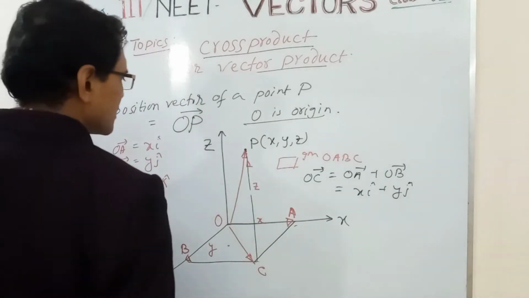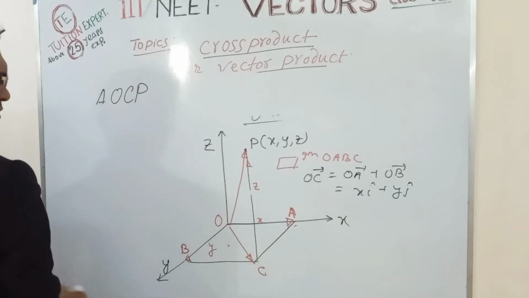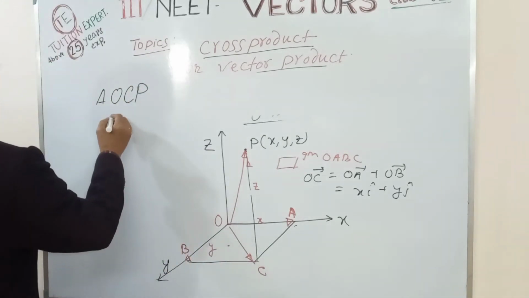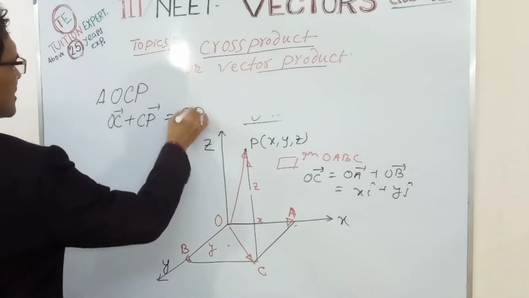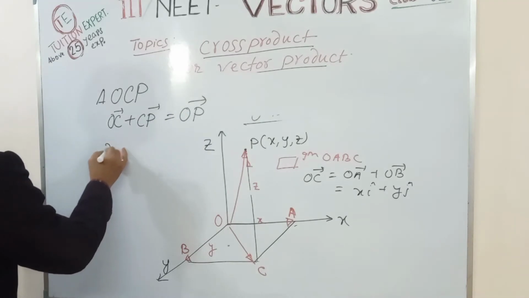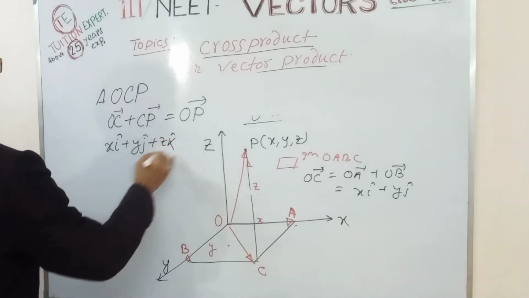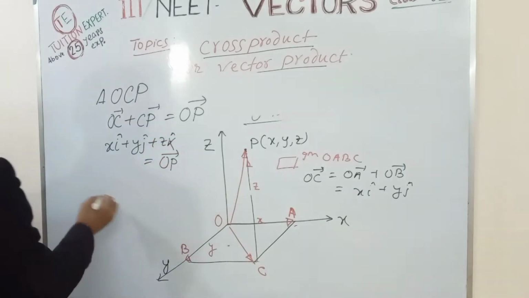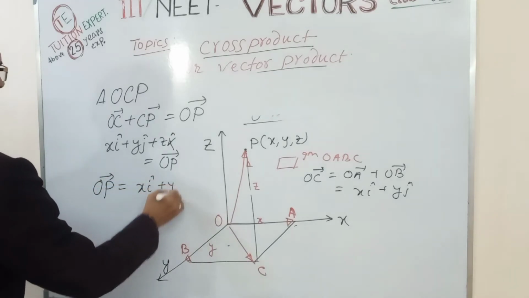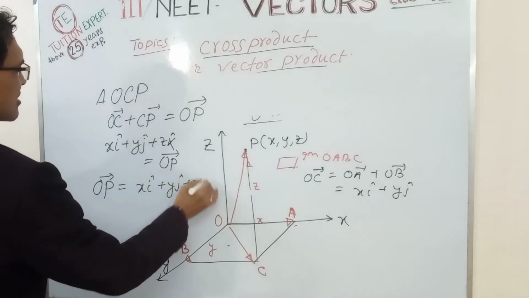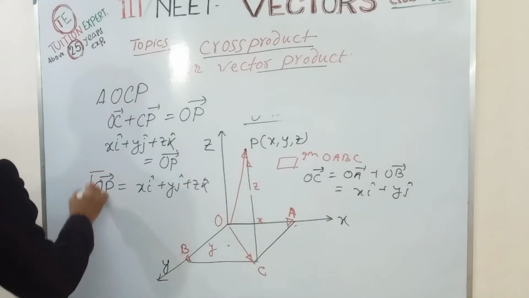Now from triangle OCP, applying the law of triangle, OC plus CP equals OP. So OC equals xi plus yj and CP equals zk. That's why we get the position vector of any point. This is the result.